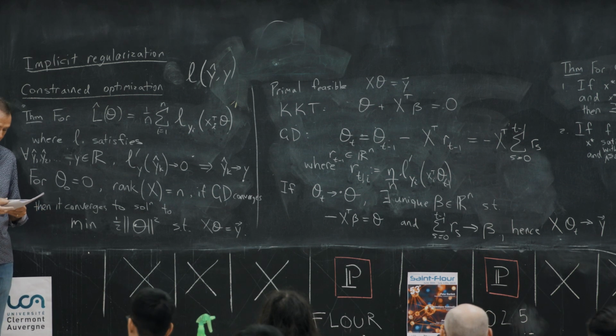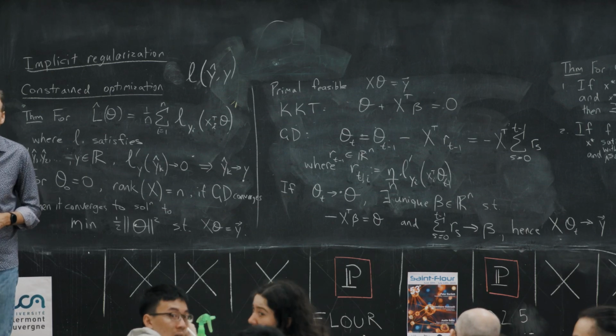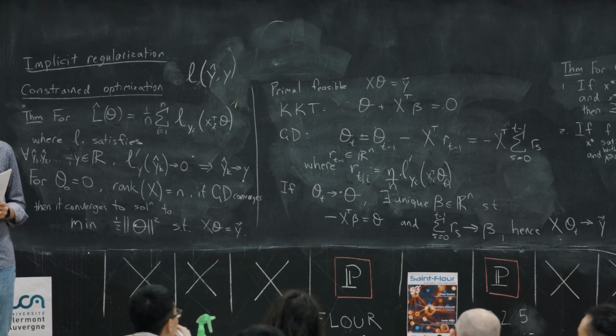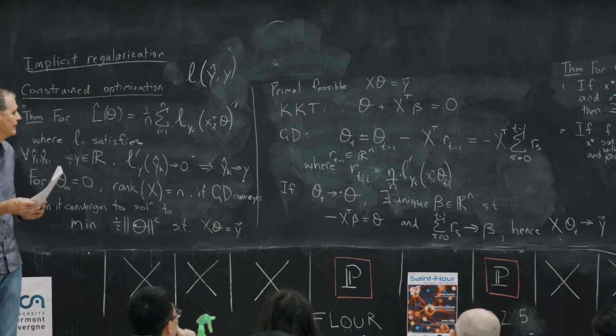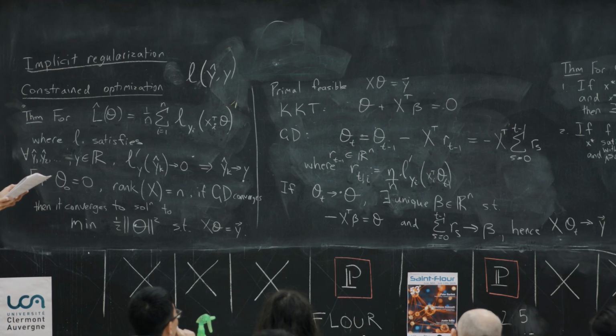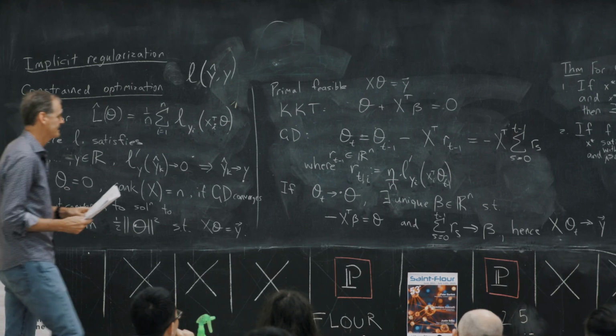Yeah. I'm slightly confused how we get as a conclusion that, essentially, I'm guessing it's x theta equals y, right? This is sort of the result of that. Yes, that's right.